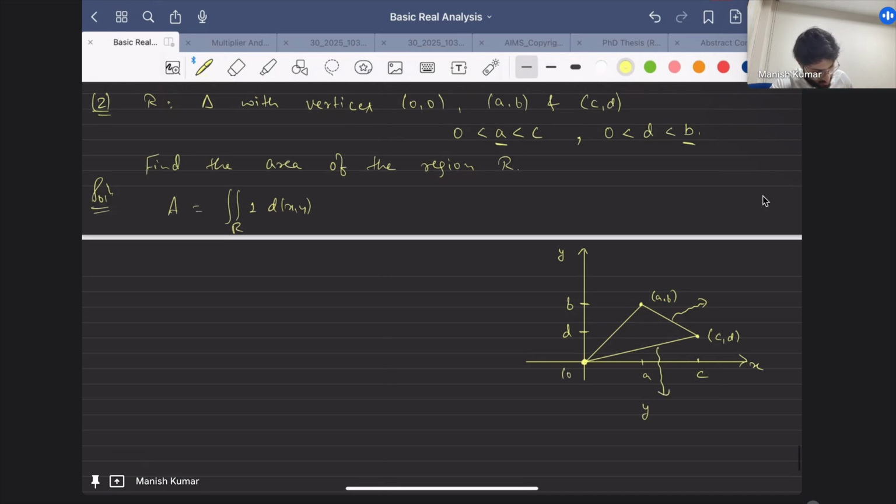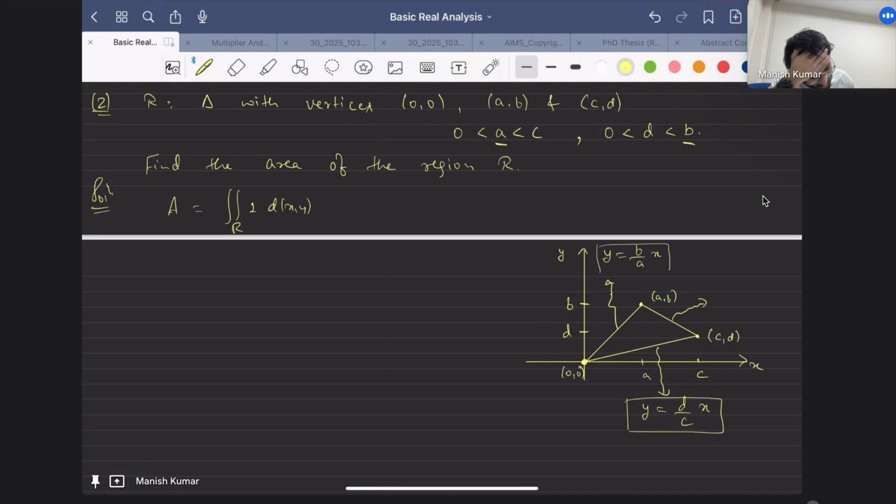This is (0, 0) to (c, d), so y equals d by c into x. This is the first line. Similarly, y is equal to b by a x. This is the second line.